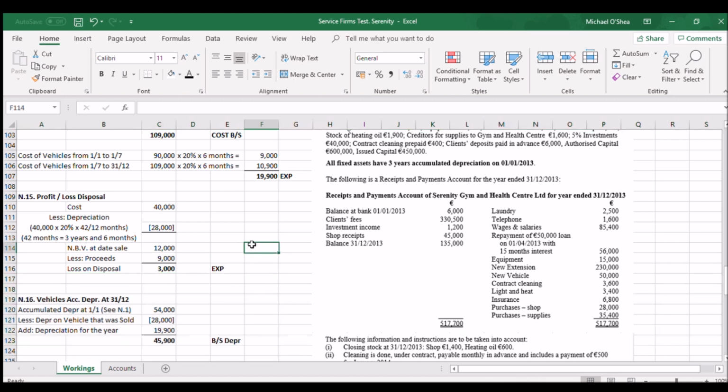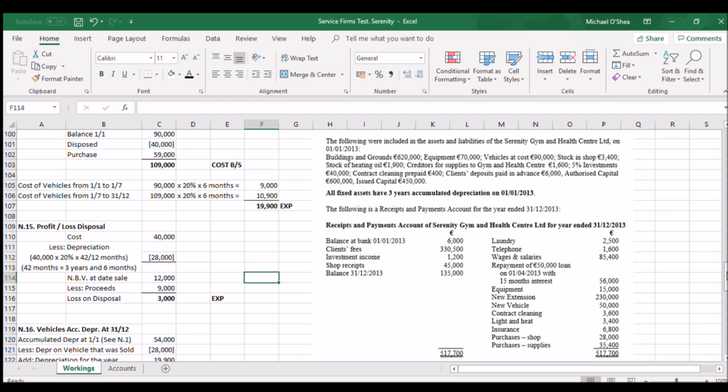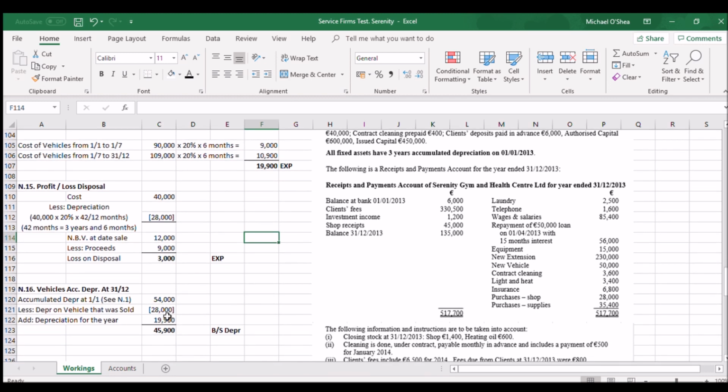We know that we did 3 years accumulated depreciation already at the start of this question, the 3 years multiplied by 20% by the original cost, and that was 54,000. Now from that, some of it would have been from the vehicles that we disposed of. We also have to add in our depreciation for the year, which was 19,900.